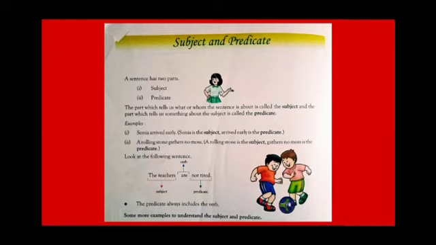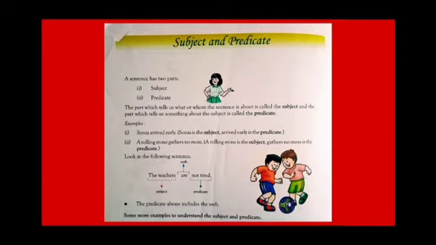The part of a sentence which tells us what or whom the sentence is about is called the subject. In a simple way, we can say that the doer of the action is called the subject, and the part which tells us something about the subject is called the predicate.